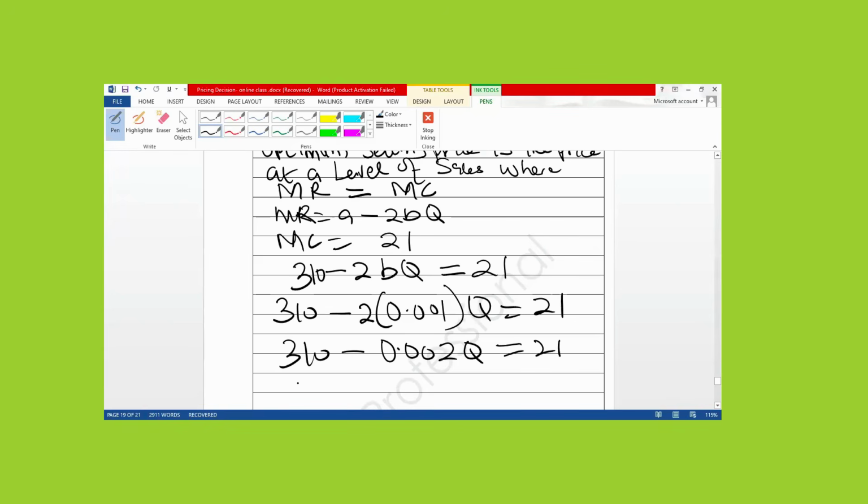I will collect like terms. Minus 0.002Q is equal to 21 minus 310.